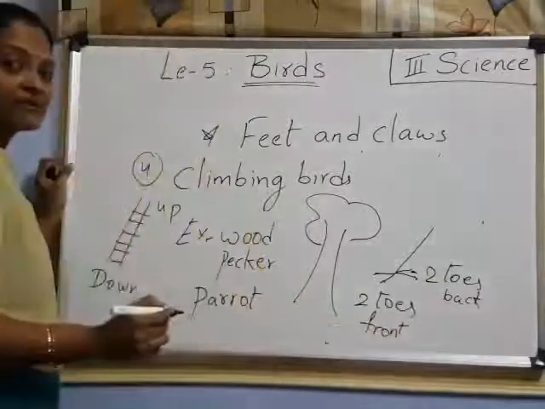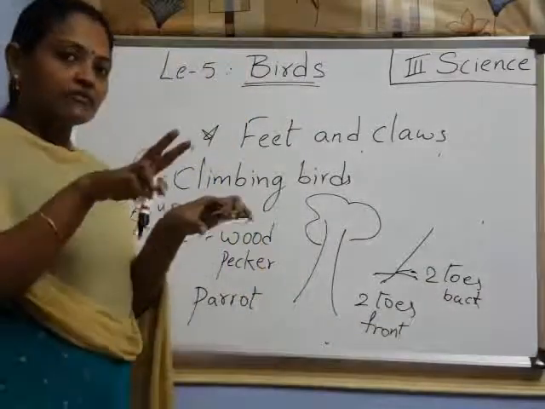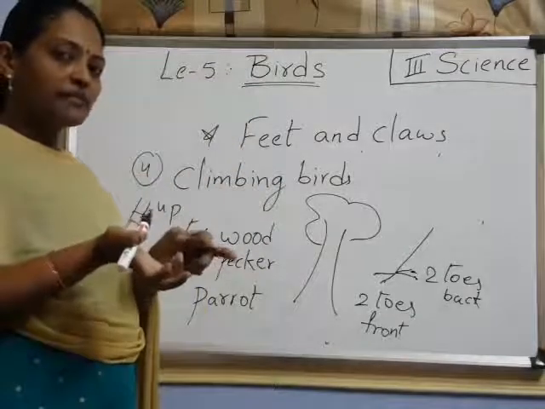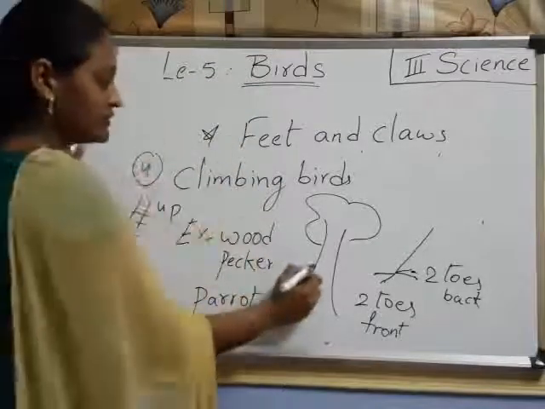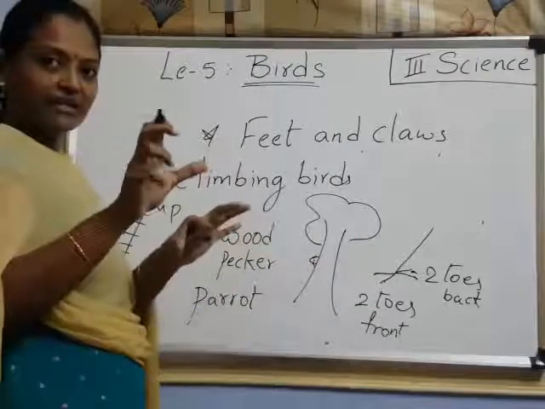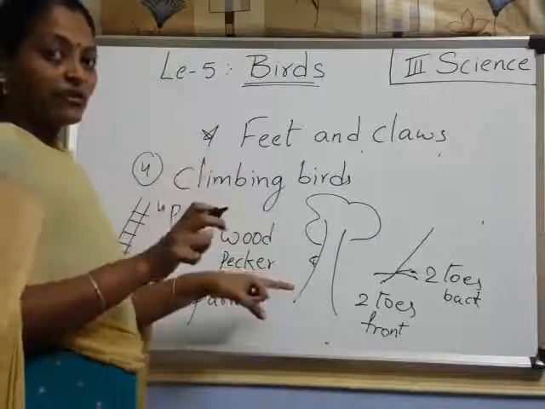So the two front toes are holding, and the other two toes at the back hold the branch. Suppose this is a bird holding tightly the trunk of a tree.